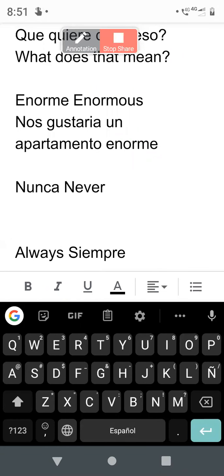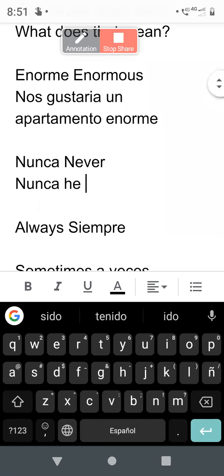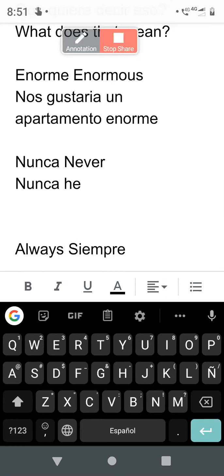So let's make a sentence with nunca. I have never. I can't remember how to say it. What's the word called where you change it because you don't put the yo? Conjugation.